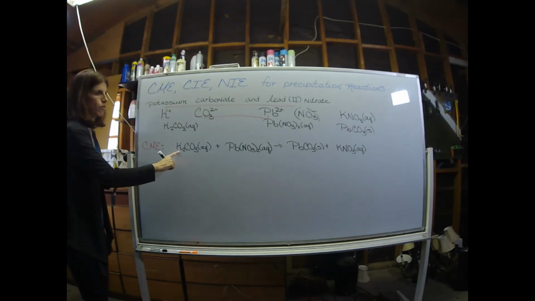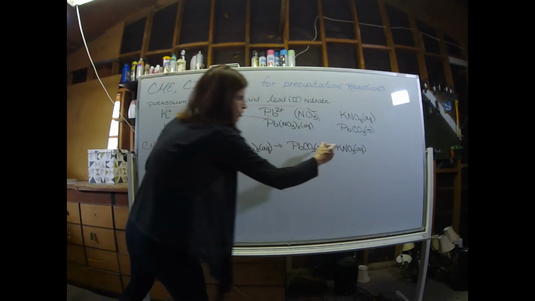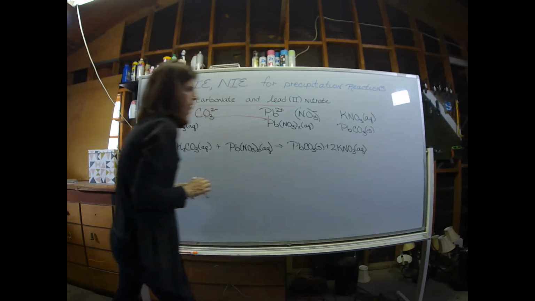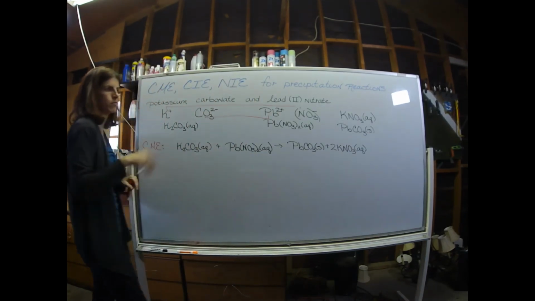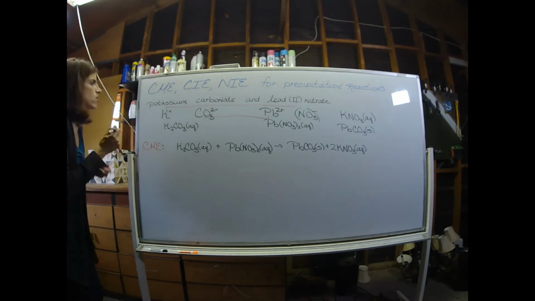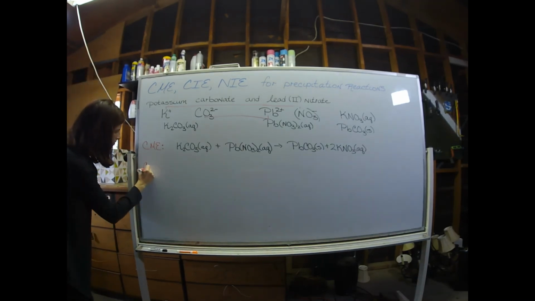There's 2 for my potassium, so I'll throw 2 out front of the potassium nitrate on that side. 2 nitrates, 1 carbonate, 1 lead. Good to go.